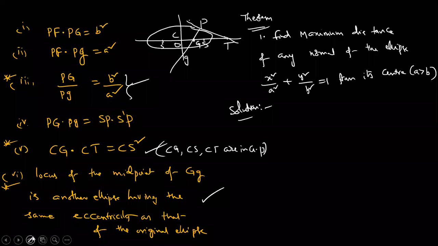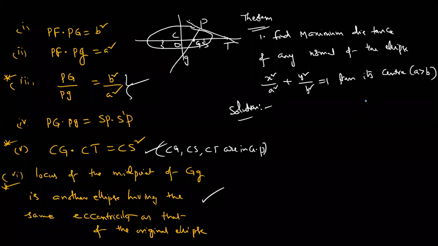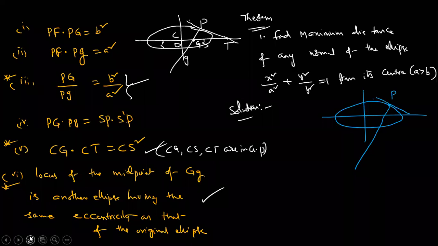Now see how to imagine the diagram. Just draw a rough diagram first. For example, this is the ellipse, dear students. This is some point P, this is the normal.